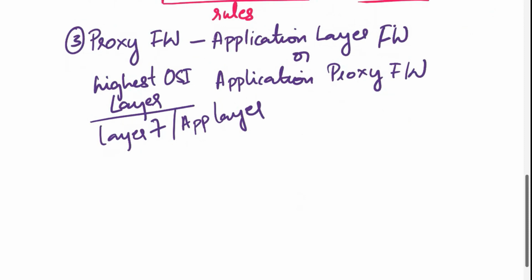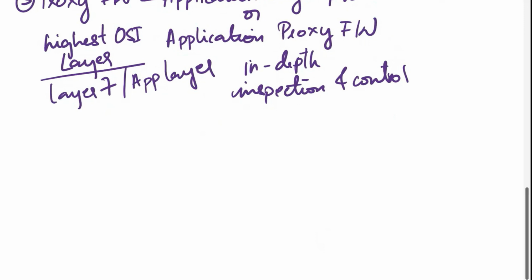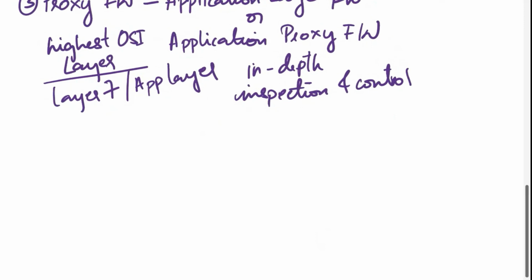Proxy is at the highest level, and proxy firewalls are designed to provide in-depth inspection and control of network traffic at the application layer. They act as intermediaries between clients and servers, effectively serving as a gateway for application level traffic.